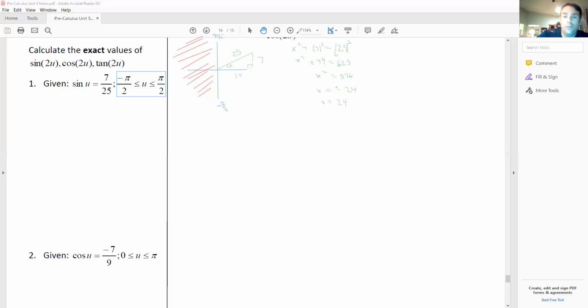So as we go through here, we're going to find sine 2u, cosine 2u, and tan 2u. So we're going to use our double angle formulas. So sine 2u, or 2 theta, or 2x, or whatever you want it to be. So sine 2u is going to be 2 sine u cosine u.